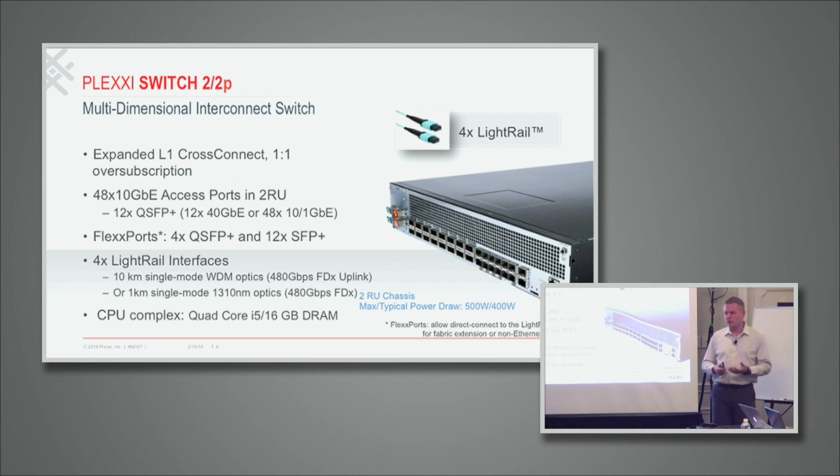What's different about this switch, again similar to our first switch, is our way of creating a fabric. We create a fabric not by taking front panel ports, 10 gig, 40 gig, and connecting them together into all the switches.